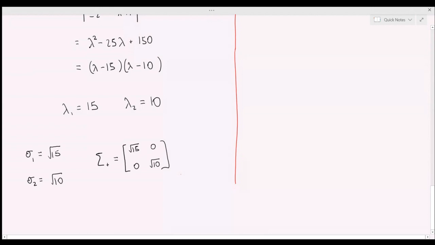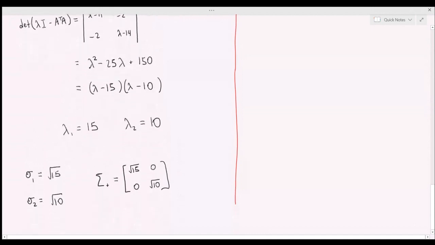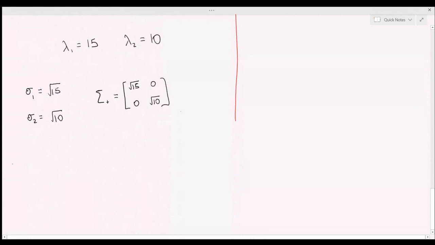So that's good. All right, so next I need to get the eigenvectors corresponding to these eigenvalues. So let's start with the largest eigenvalue first. Okay. So to get the eigenvectors, I need to look at the matrix 15I minus A transpose A.